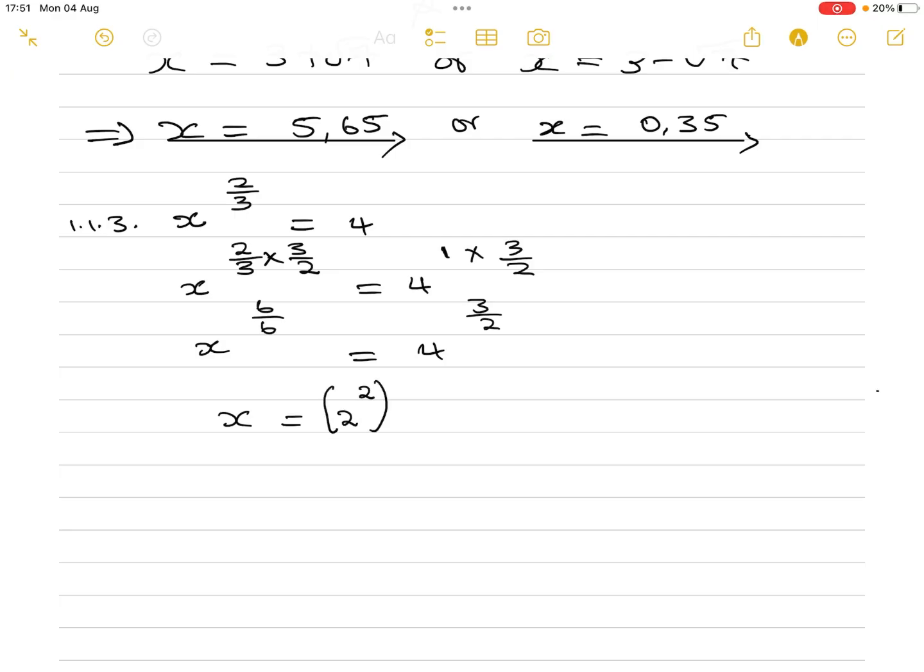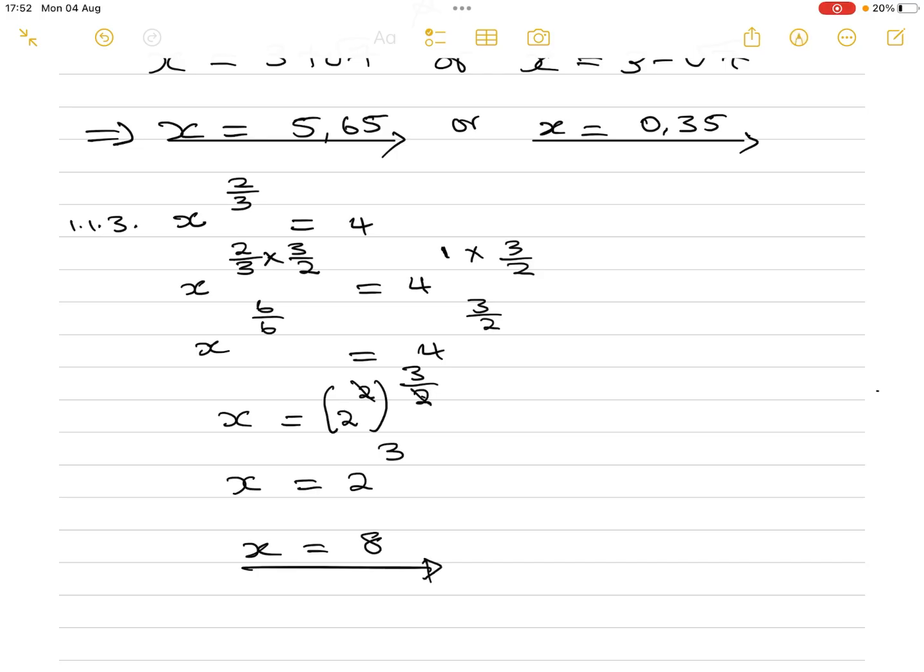It is not mandatory, but I decided to write it like this so that I can avoid having an exponent that is a fraction. So it is 3 over 2. You see now this one will divide this one. I end up with 2 to the power of 3, which is something that I know. So my value of x will then be equal to 8.